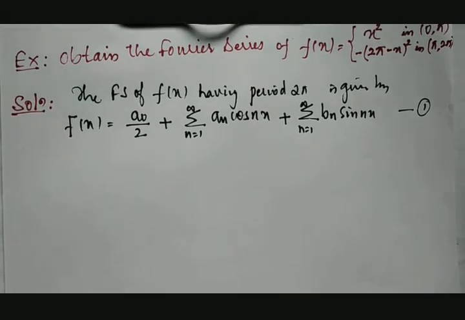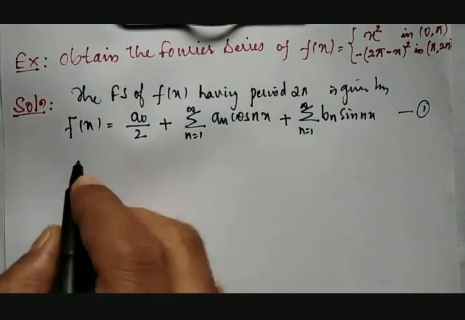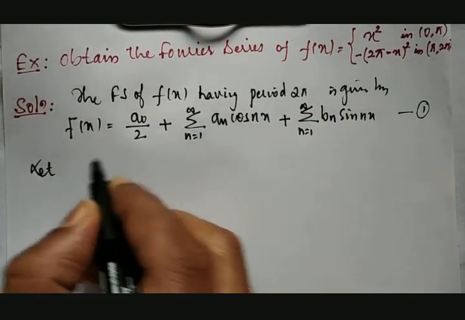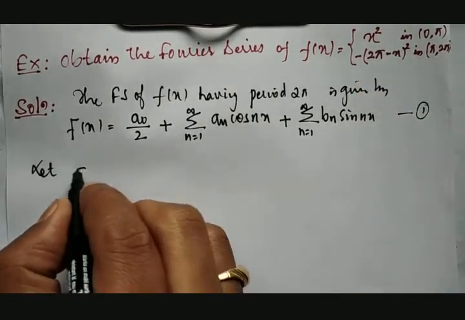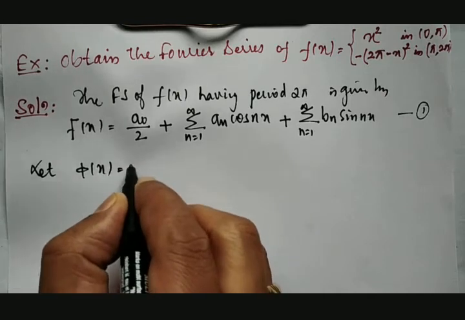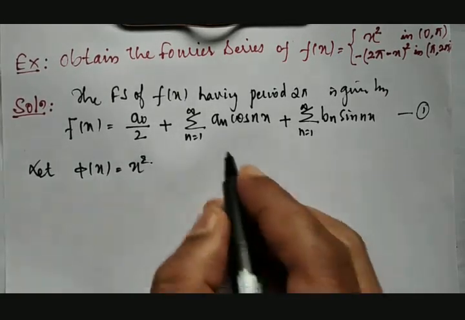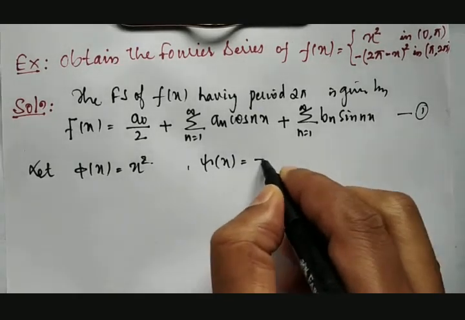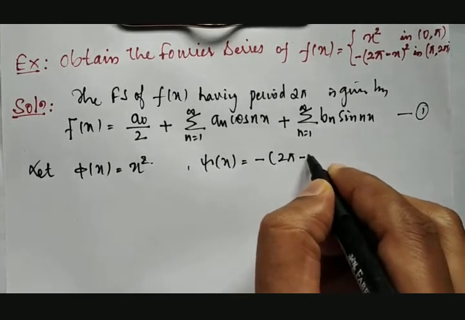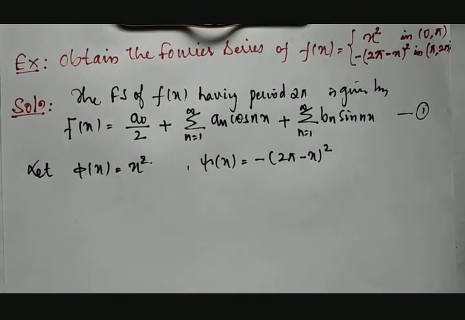Since we have decided to check the nature of the given function, since it's a double valued function, the first function will be taken as phi of x, which is nothing but x square. The second function will be taken as psi of x, which is nothing but minus 2 pi minus x the whole square.